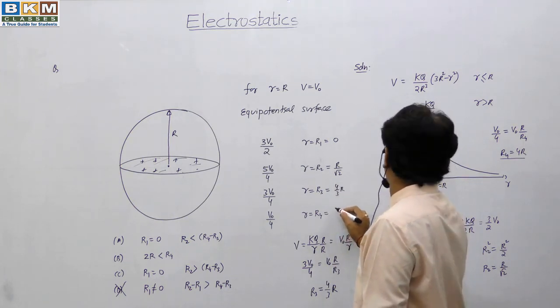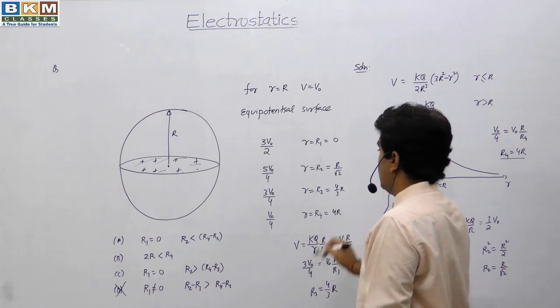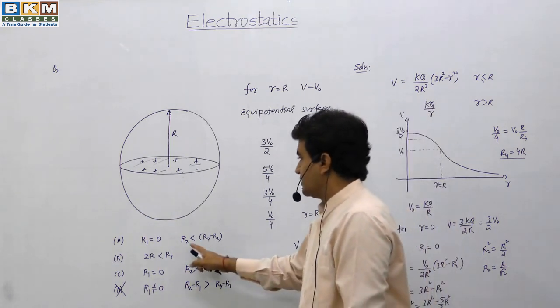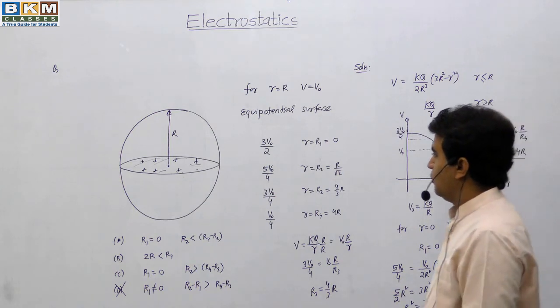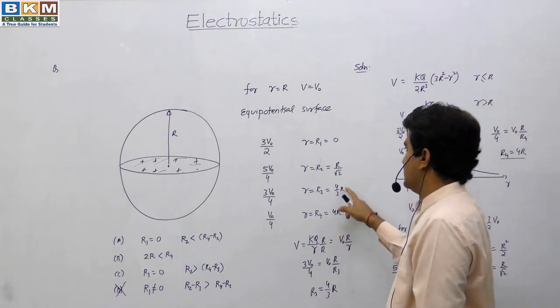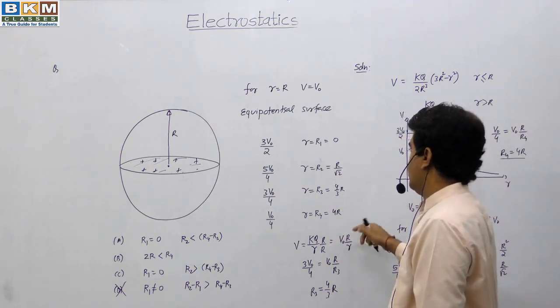Now let us check the first statement, r4 minus r3, which is 4R minus 4R by 3.